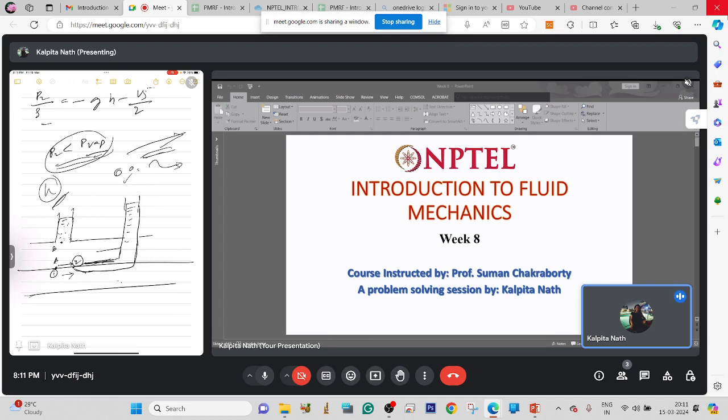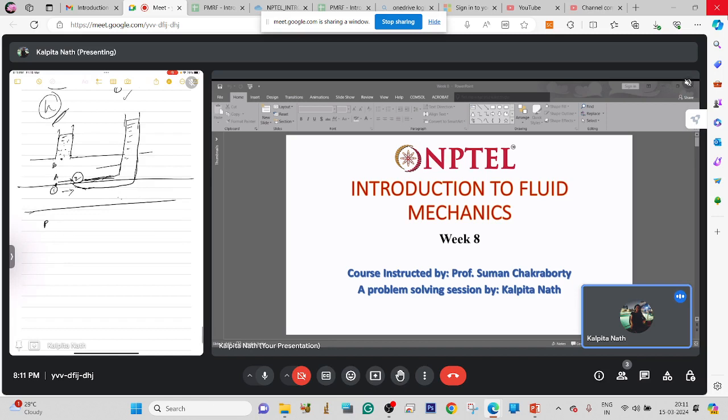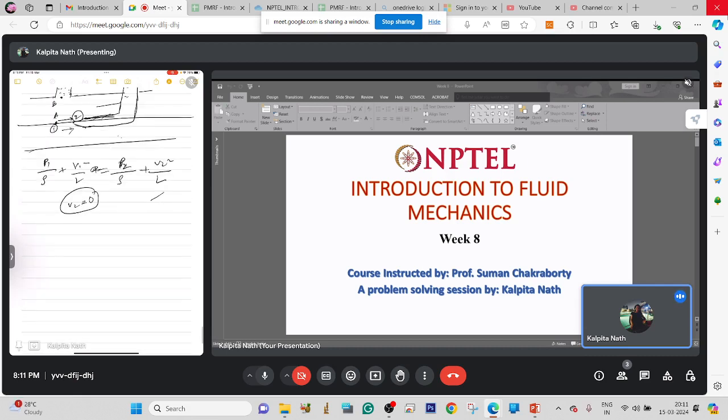If we apply the Bernoulli equation at points 1 and 2, that means P1 by rho plus V1 square by 2 is equal to P2 by rho plus V2 square by 2, as it is horizontal so Z1 and Z2 won't be there. V2 is equal to 0 as there is a stagnation point, so P2 is equal to P1 plus half rho V1 square.